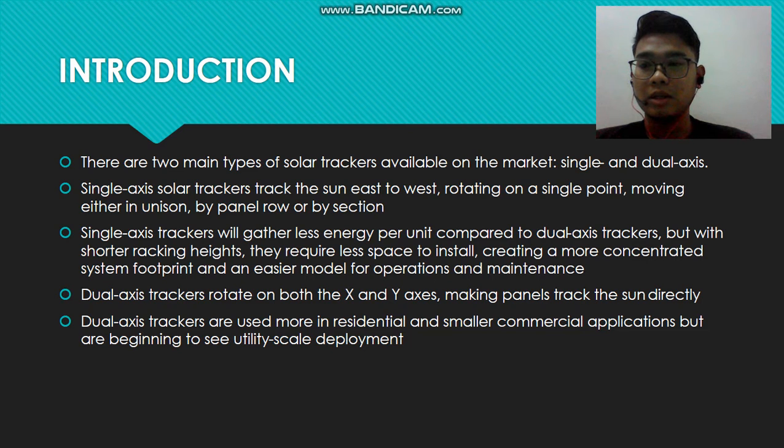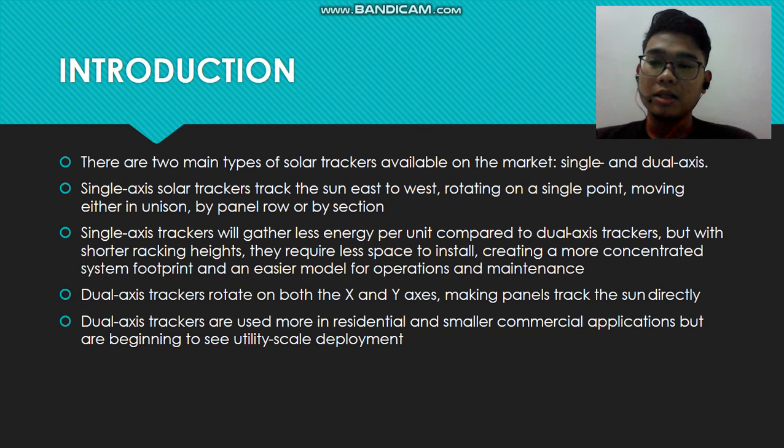Basically, as we know, there are two main types of solar tracker available on the market, which are the single and the dual axis. The single axis solar tracker tracks the sun east to west, rotating on a single point, moving either in unison by panel row or by section.